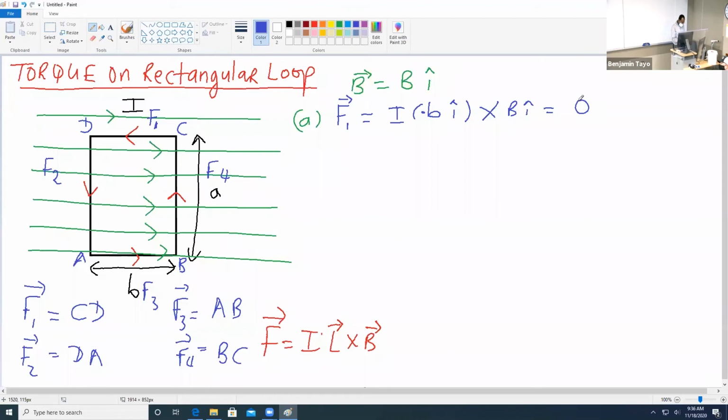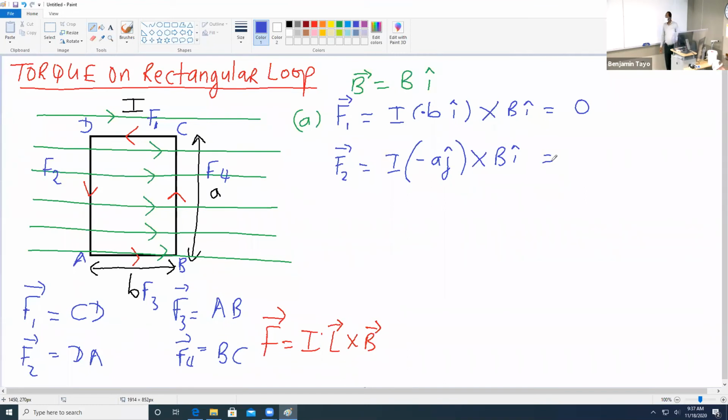Now let's calculate F2. F2, again, I. What is the length vector as you go from point D to point A? Negative aJ. So negative aJ cross B I hat.